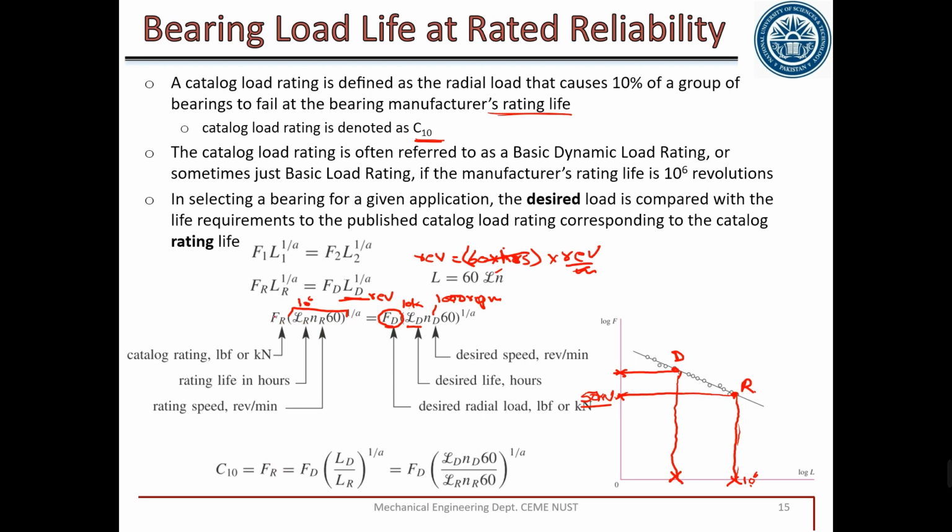If FD is given, we need to check FR, the rated load. So FR is C10, because for a bearing we have life C10. It is the curve of 90% reliability for C10.